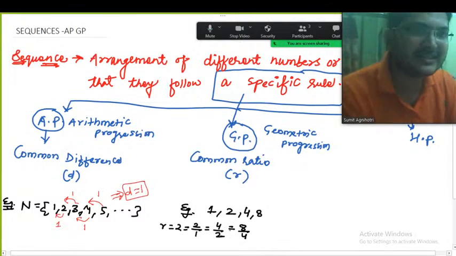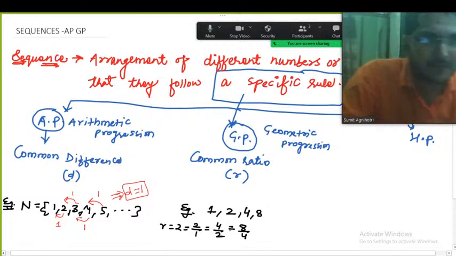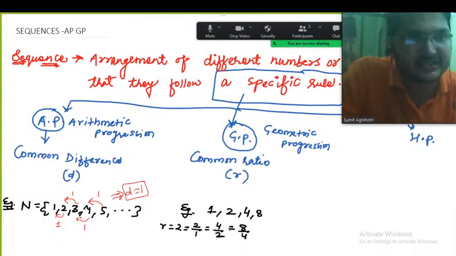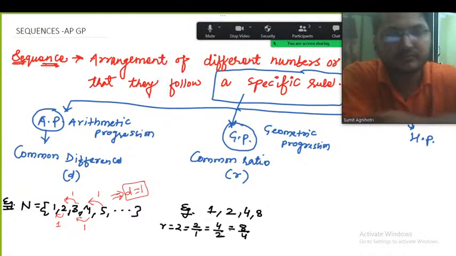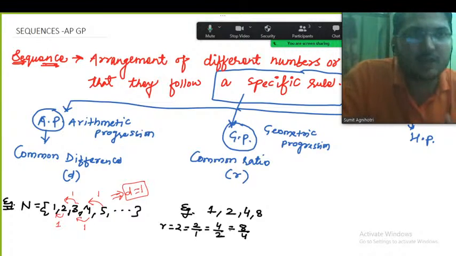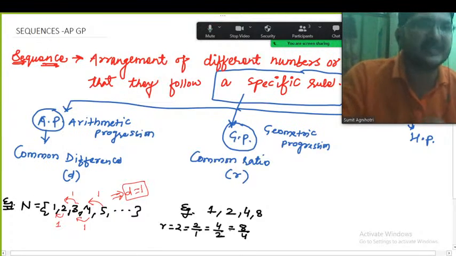If it is not the same, we will not call it GP, and if common ratios are the same, we will call the sequence a GP.